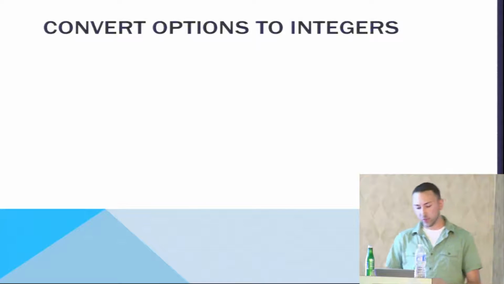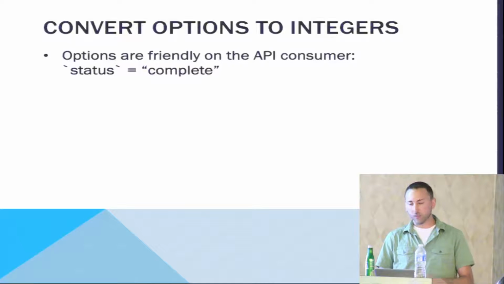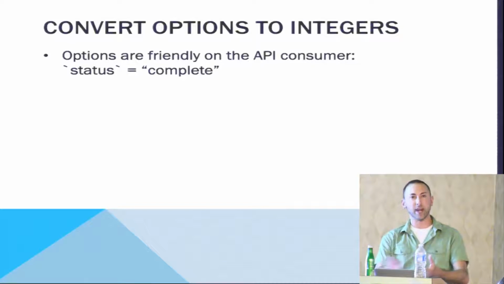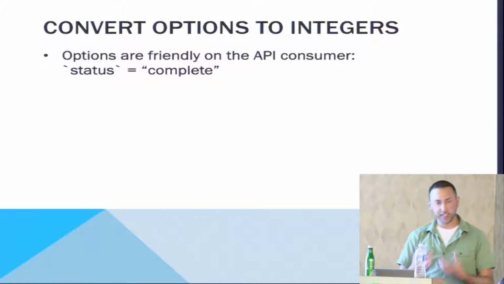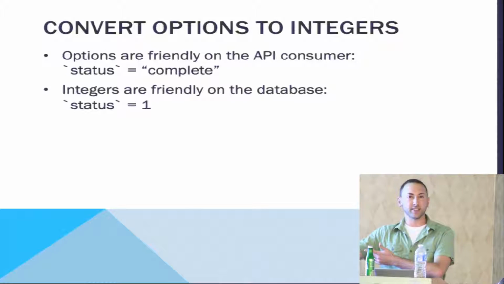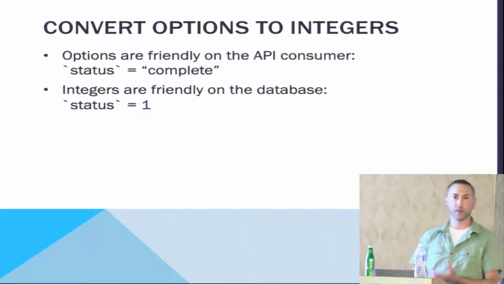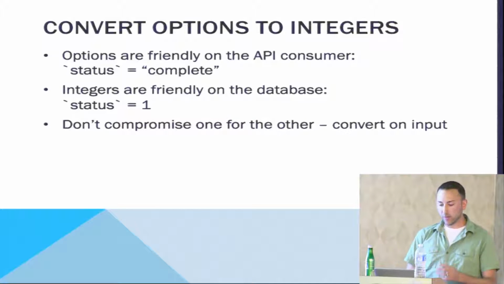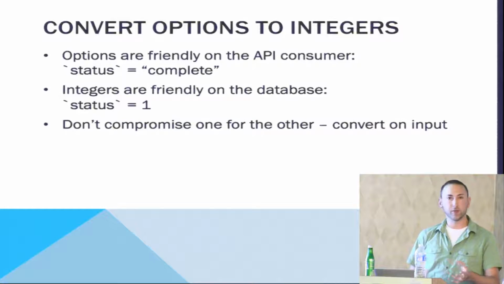For an API to be intuitive, the user wants to see something like status equals complete. That's also how they want to pass information. It's just easy to read. However, databases usually think like this: integers. They're easy to sort on. They're quick to search by. So we don't compromise. We actually use the input data component to automatically translate those sorts of things.